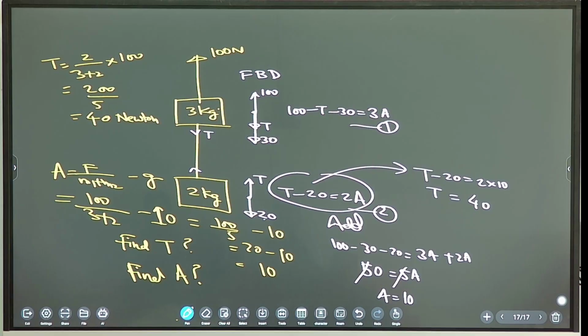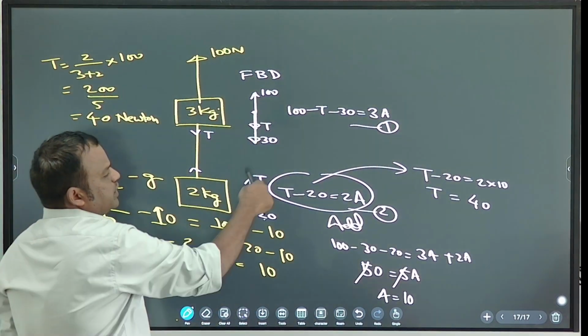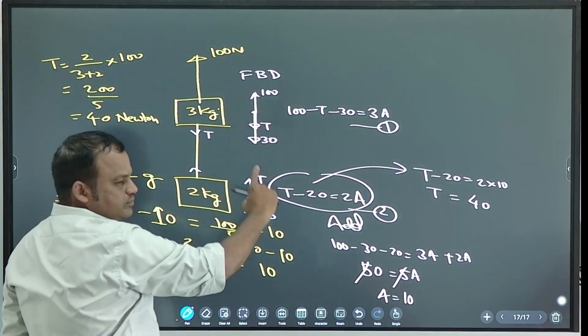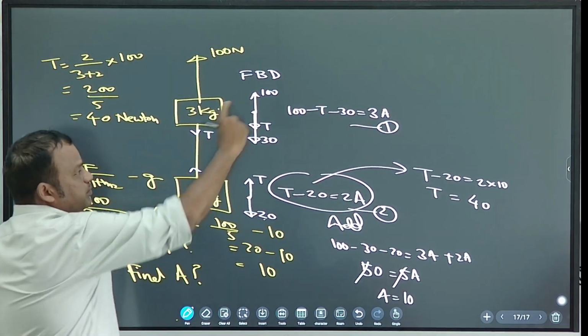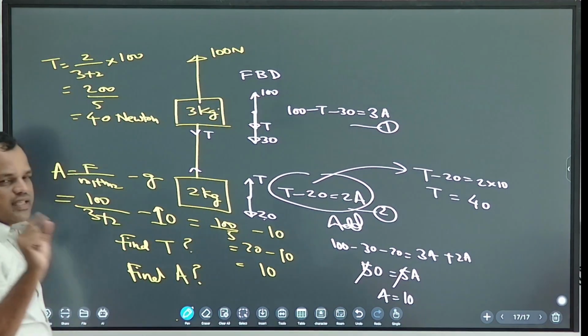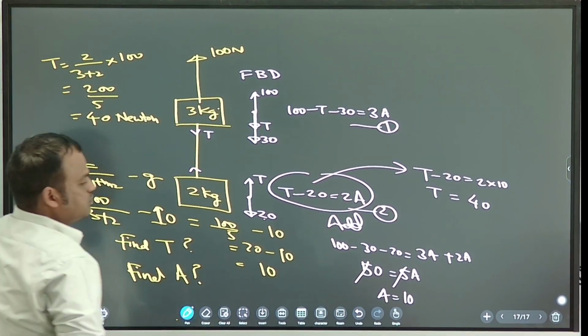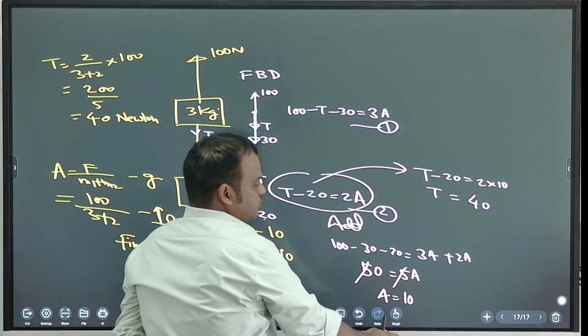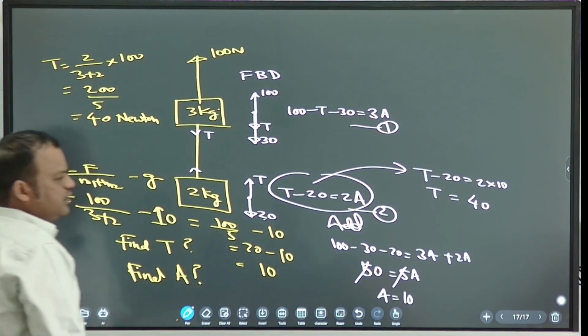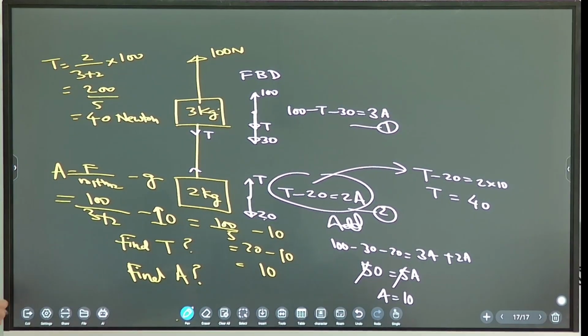Remember both methods. This is also important. You have to understand this. For understanding purposes this is important, but for exam purposes, the NEET paper, use the direct formula. Okay, copied? So note down.